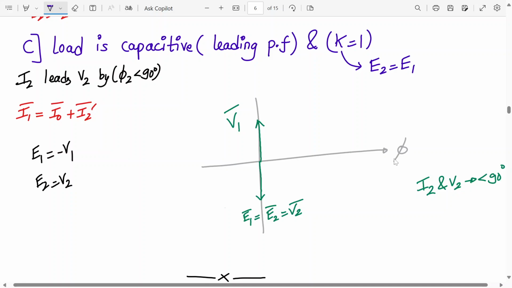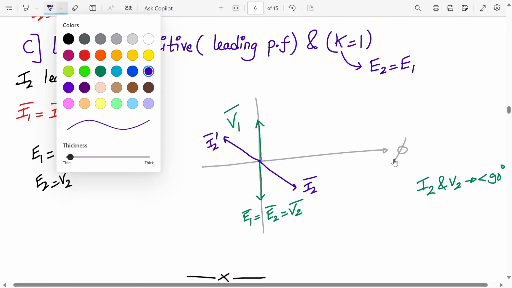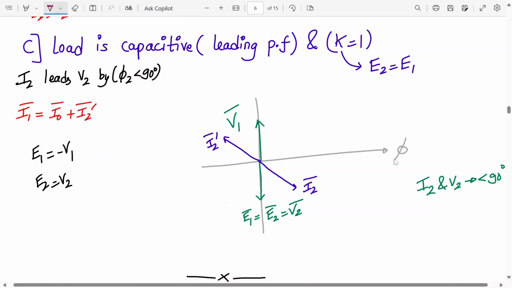Here, correct? So this is I2. So where will I2 dash come? Here, right? This is I2 dash. Tell me where is I0? I0 we already drew over here like this.